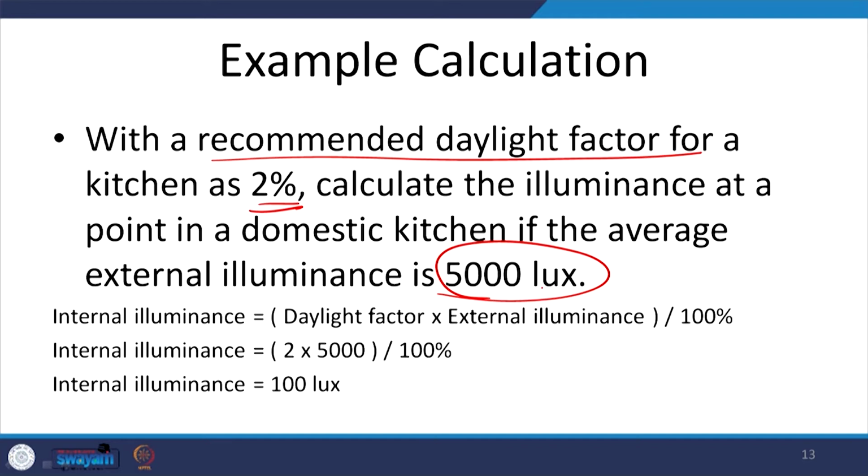If we consider a 2% daylight factor, we multiply the daylight factor with the external illuminance, and since it is a percentage, we divide it by 100, and we get the internal illuminance which is being targeted here. However, this 2% daylight factor has to be achieved with the help of window design, the selection of glass, the design of the window, the size of the window.